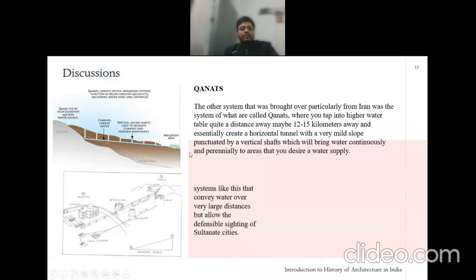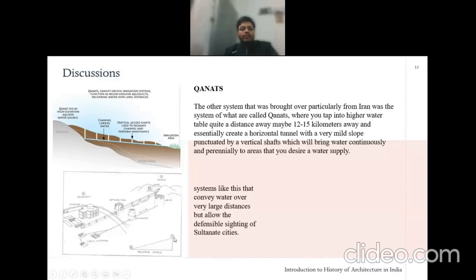Systems like this can convey water over large distances. You can see my cursor. This is at a higher altitude, and from there the water was transported to the lower altitude where the cities and settlements were based, through gravity.